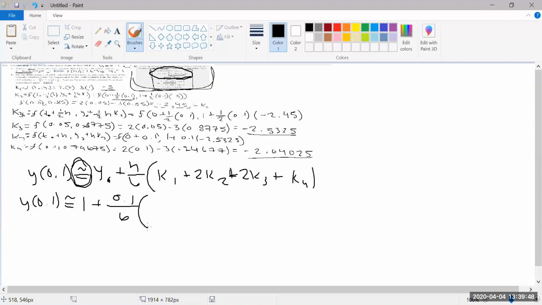Our k1, we got negative 2.45, and then plus 2 times our k2, which was negative 2.5325, and then plus 2 times our k3, which was, oh, I'm sorry, I'm trying to think how I want to do this.